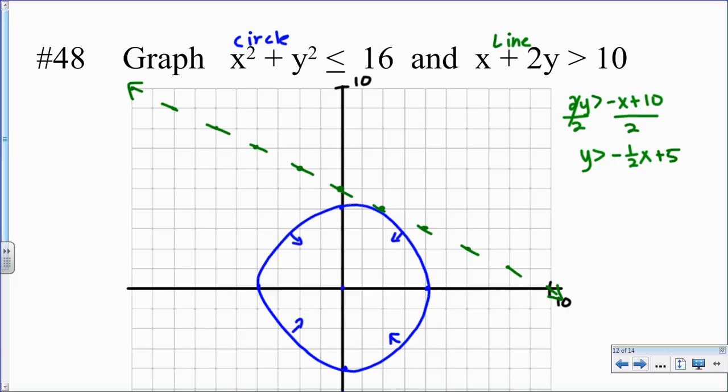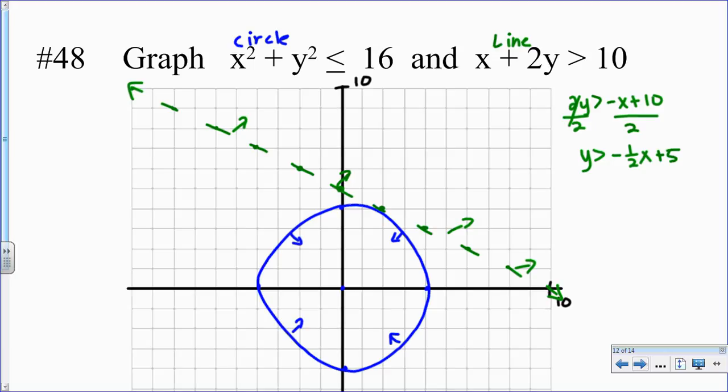Right, will you shade above or below? Above. So here's your y-intercept, so I'm shading on this side of the line. Okay. So where does it overlap? It doesn't, right?